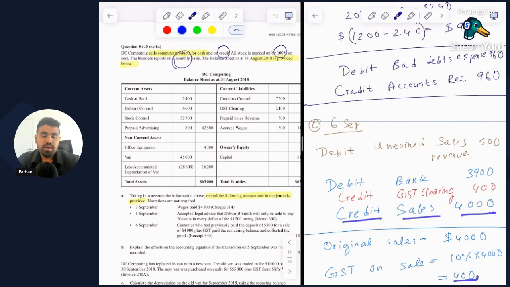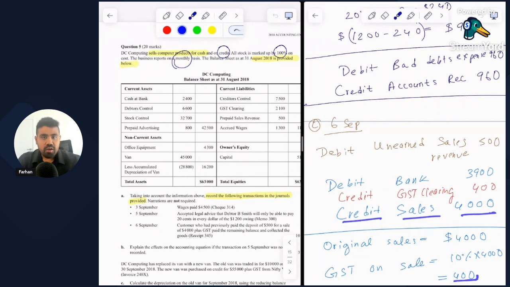The reason we report them on the credit side is because they are an obligation. We collect all this GST from our customers, and then we are obligated to send all this GST to the ATO. So in our books, in our ledger accounts, on the credit side, we show all the GST that we expect to collect from sales, or we have collected from sales.